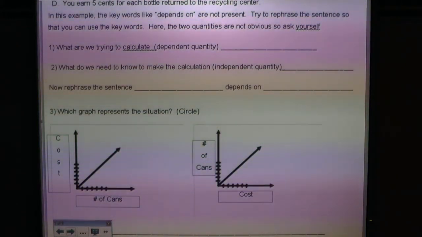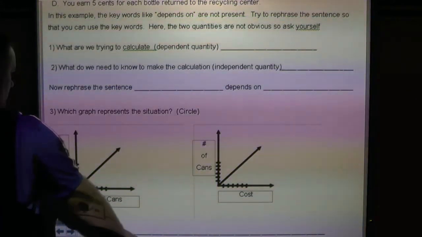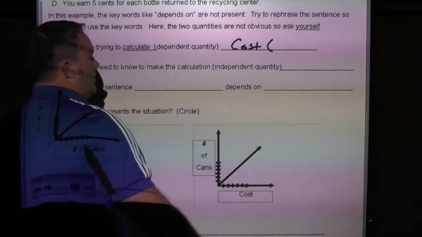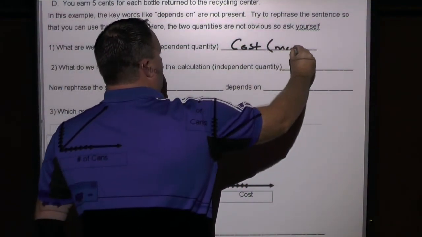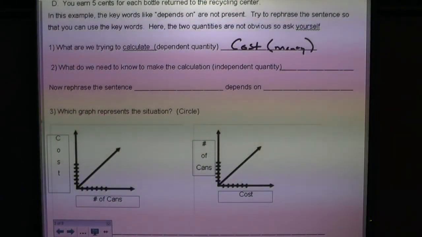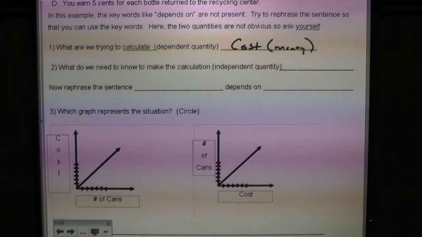So if you're collecting bottles, what do you want to know? I want to know how much money I'm going to get back. That's cost. Some people might want to call it the amount of money. But if you're getting all these cans, your end game is you want to get money.